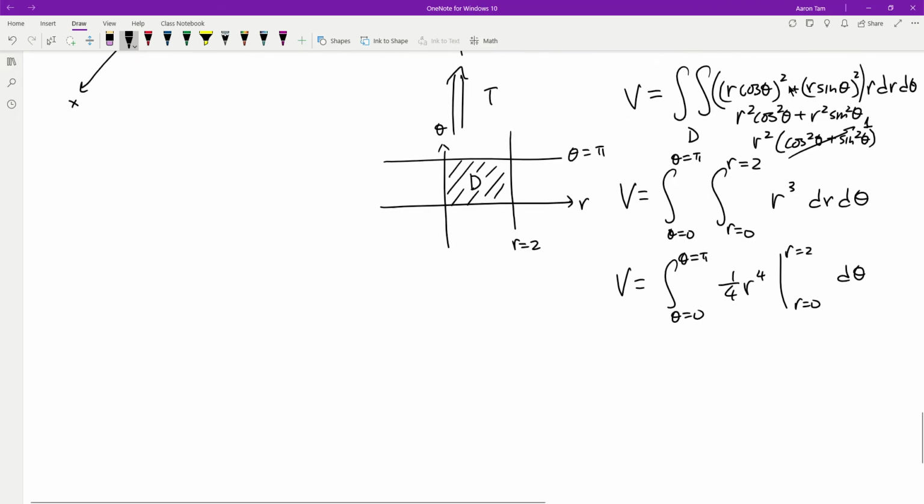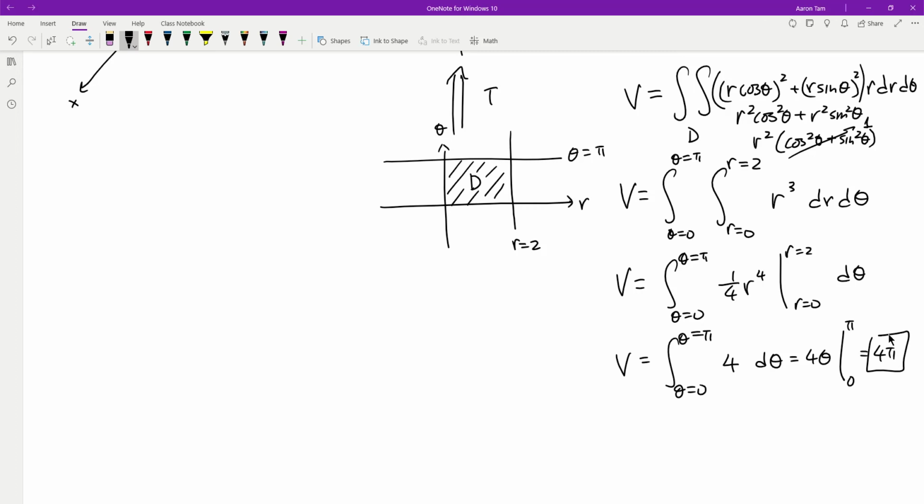Putting in 0 would go away, but putting 2 into 1/4 r to the fourth gives 2 to the 4th, which is 16. So 16 times 1/4 is 4. Therefore V equals the integral from 0 to pi of 4 d theta. That just means 4 theta from 0 to pi. So I believe my answer is 4 pi.